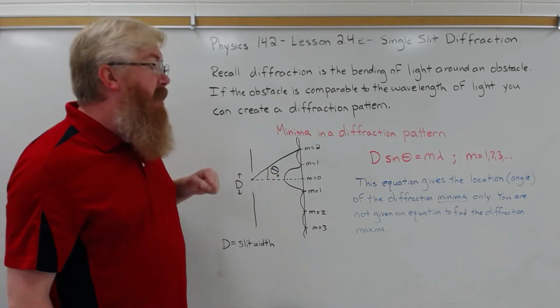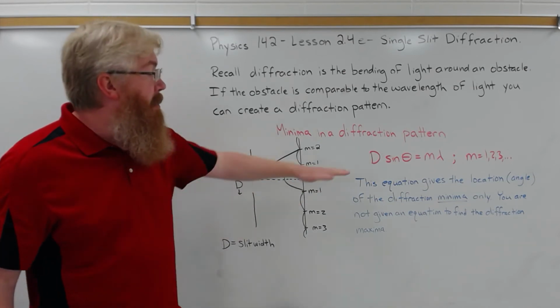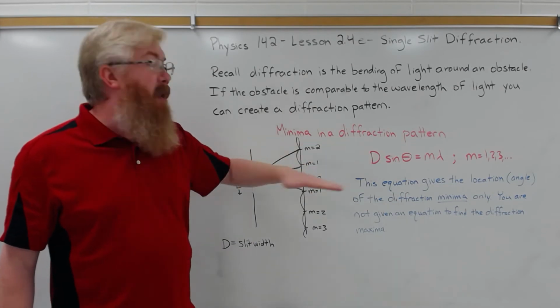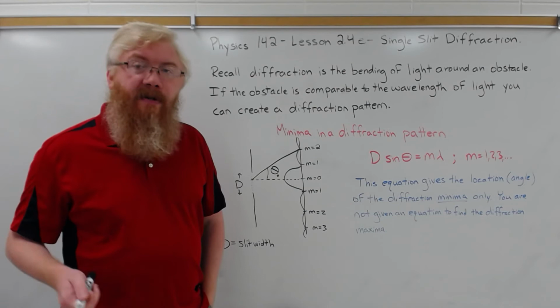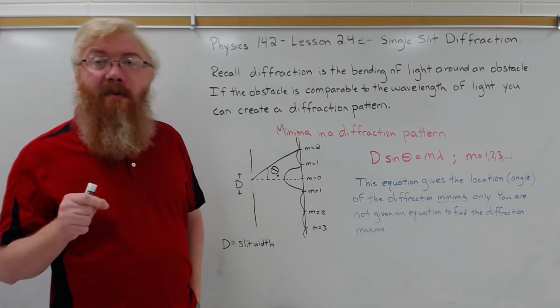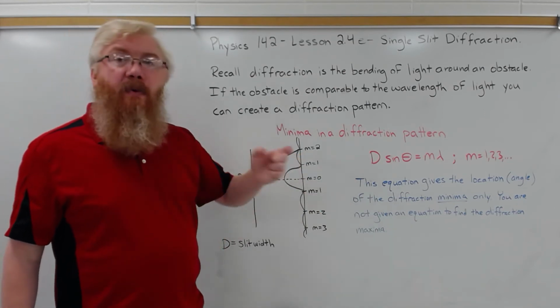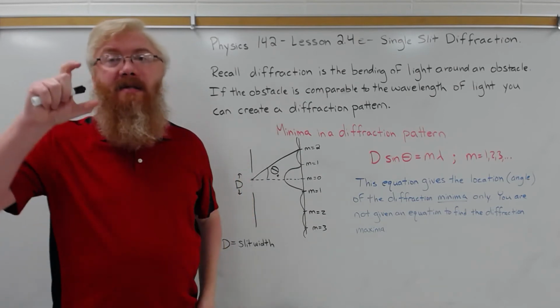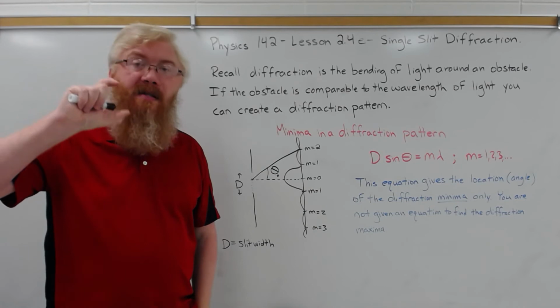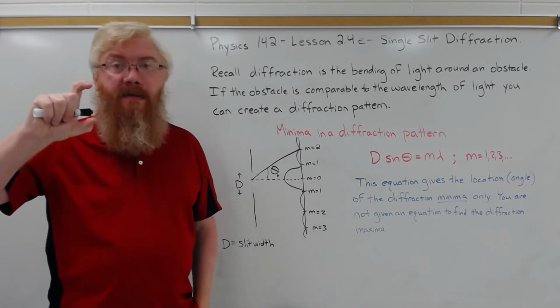If we want to know what that angle is, what the location of that second order minima is, we use this equation. Now note, it looks almost identical to the equation for the interference maxima. The only difference is the variable d. Previously, we used a small d, or your book uses a small d. That's the slit separation. That's the distance between the centers of the slits. How far apart are they spaced?